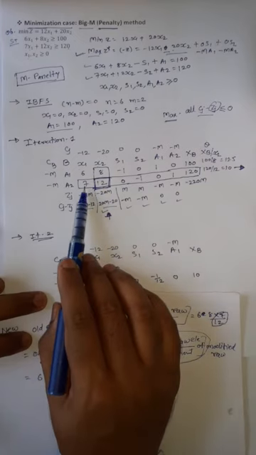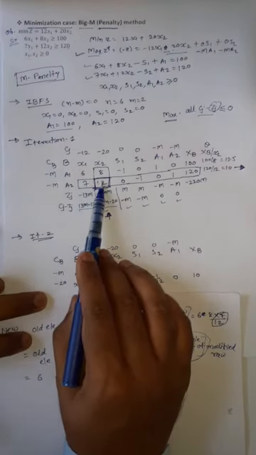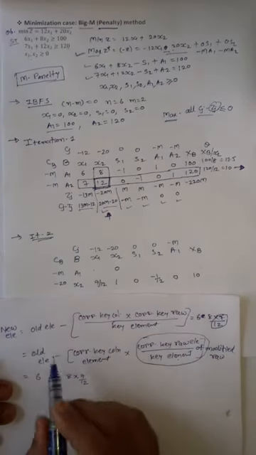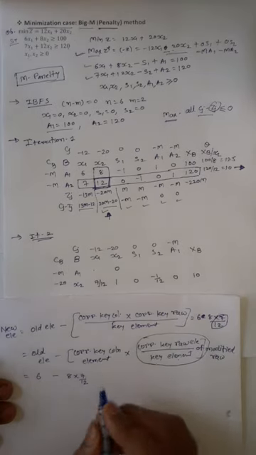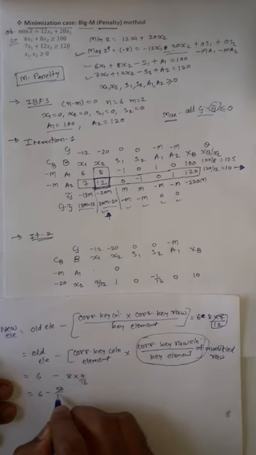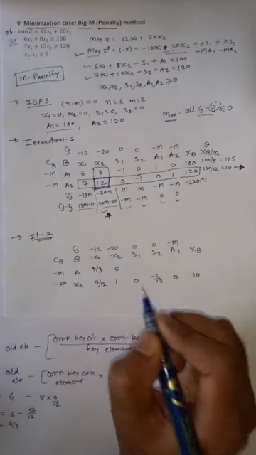Previously we used the method 6 minus 8 into 7 by 12, but this is the shorter way. So it will be 6 minus 8 into 7 by 12, and we get 6 minus 56 by 12. Ultimately it is 4 by 3. So here we get the element 4 by 3.